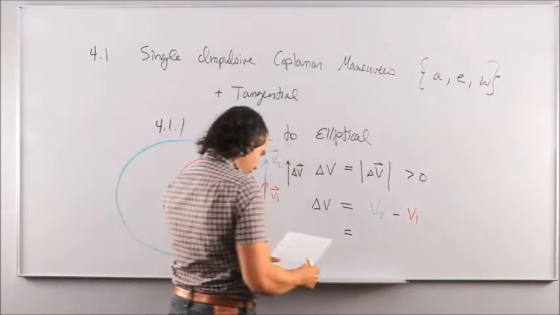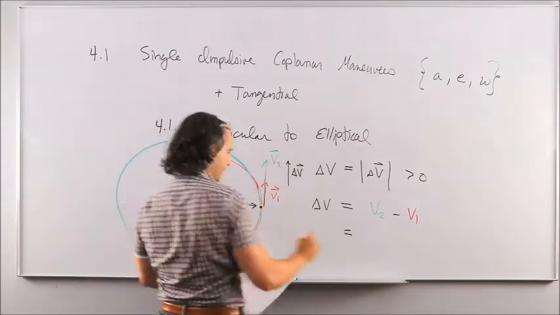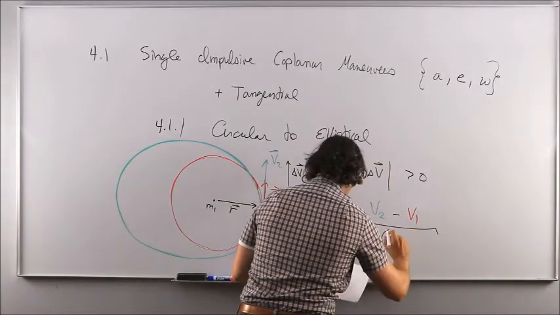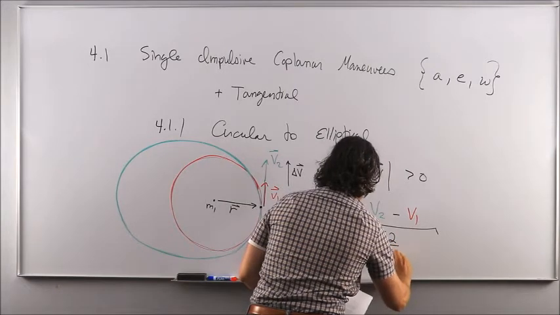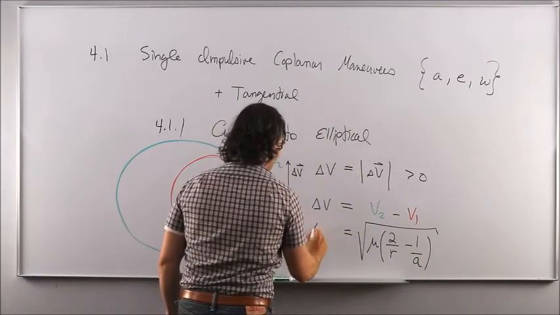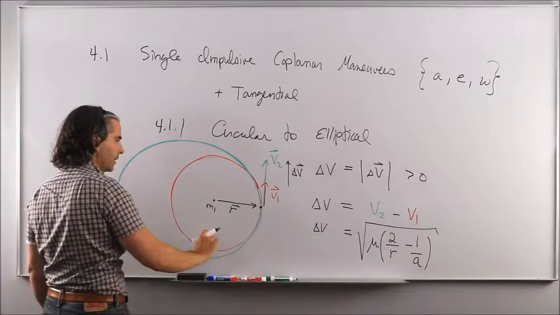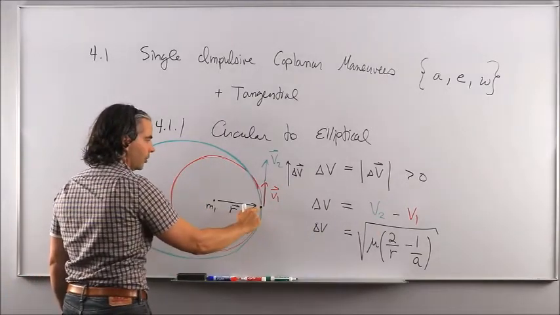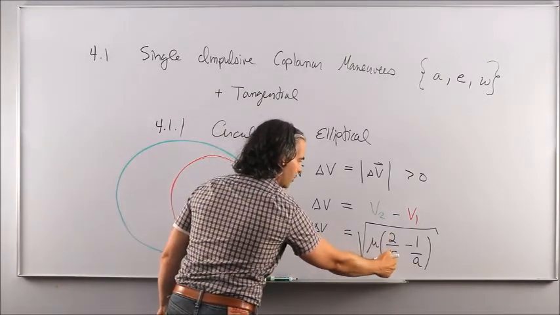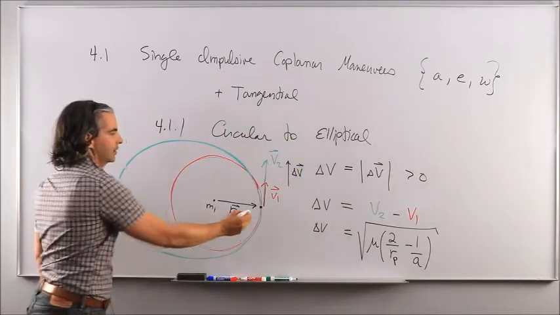Well, all we have to do is to apply the vis viva equation at the perigee of the elliptical orbit, which is going to be square root of mu times 2 over r minus 1 over a. Remember, this is vis viva. I'll just apply this equation along the elliptical orbit at a very specific point, which is the point of application of the orbital maneuver, such that here, instead of just letting r be a generic r, I'm going to specify that this is rp, because this is the perigee.